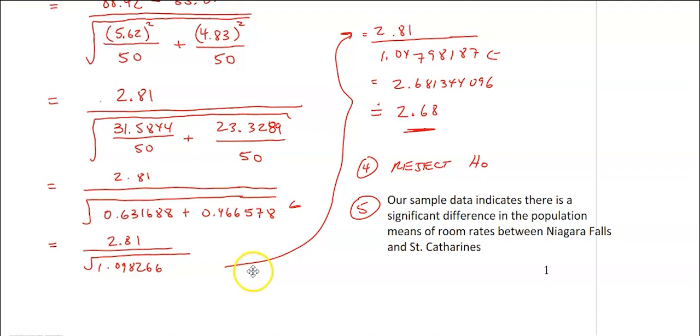We can cut that off right there, but I'm just saying, well, what do those means represent? Well, they're the room rates between Niagara Falls and St. Catharines. Now you have to see or agree that the process is the same as doing large sample size and small sample size for hypothesis testing of the mean.